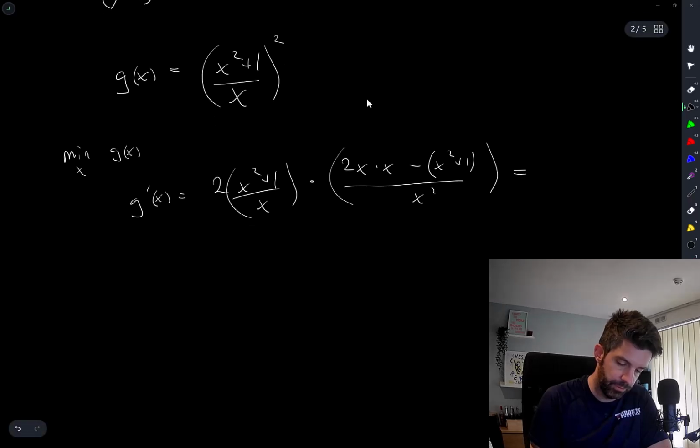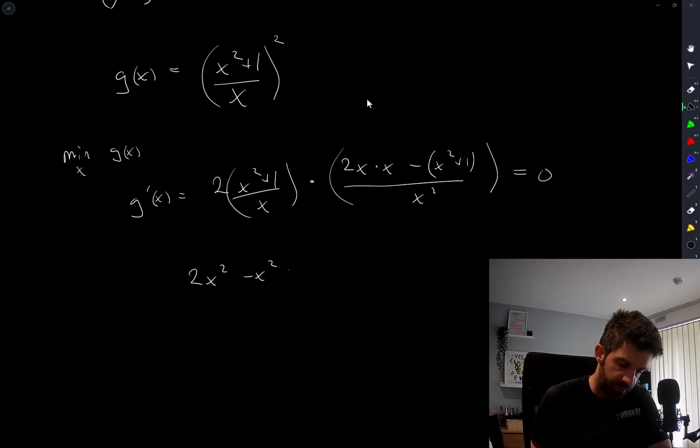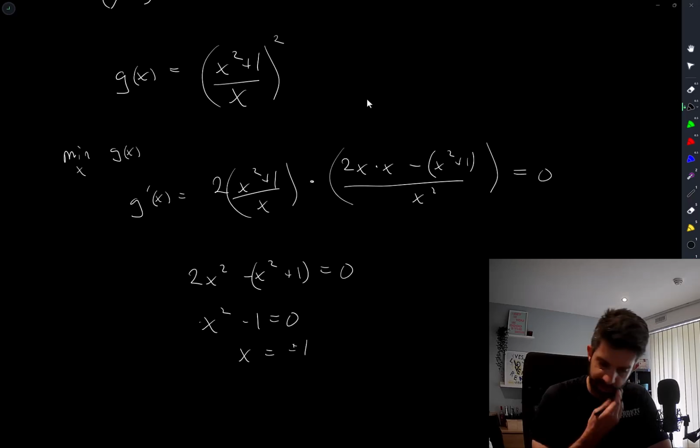So when this is equal to 0, that can't be equal to 0. So I have 2x squared minus x squared plus 1 is equal to 0. I have x squared minus 1 equals 0. So x is equal to plus or minus 1.